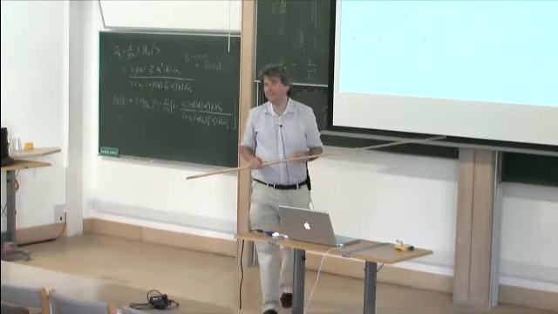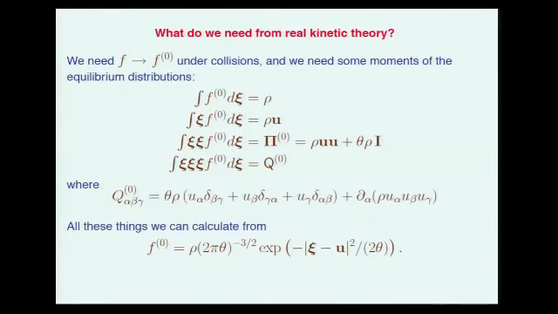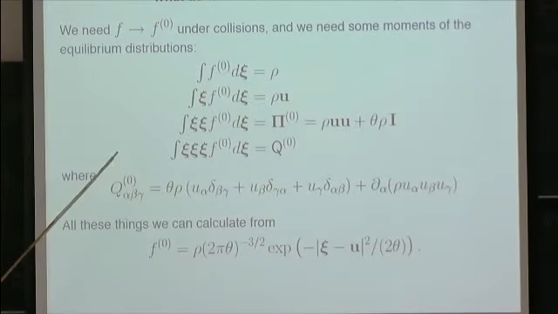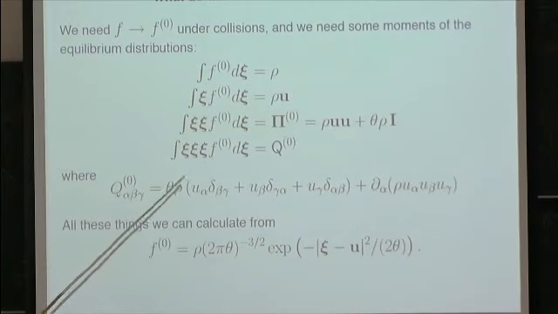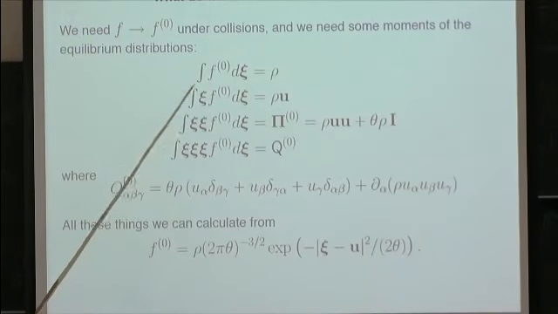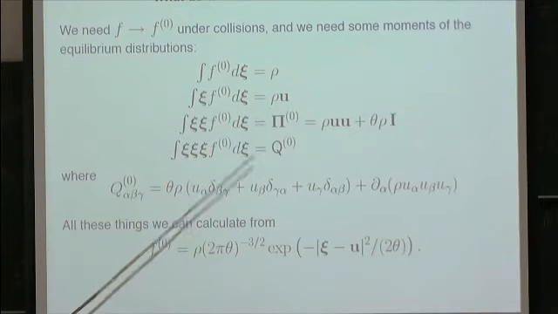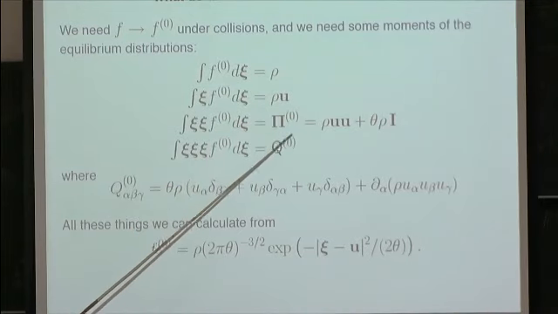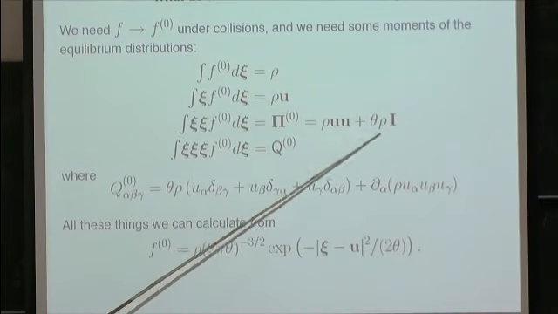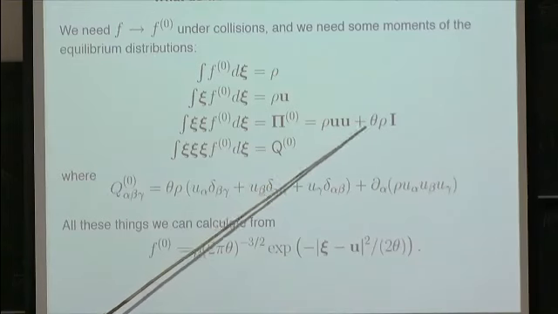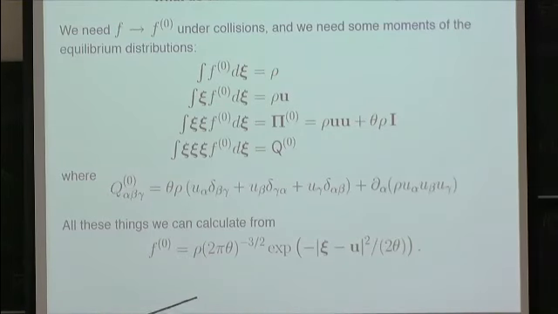So what do we need from real kinetic theory? We need the fact that the distribution function tends towards an equilibrium under collisions, and we need to know some moments of the equilibrium. So the zeroth one says that its integral is the density, next moment's velocity, momentum. Moment after that's the Euler momentum flux. I'm using theta for RT just to make life convenient to scale out gas constants or Boltzmann constant.